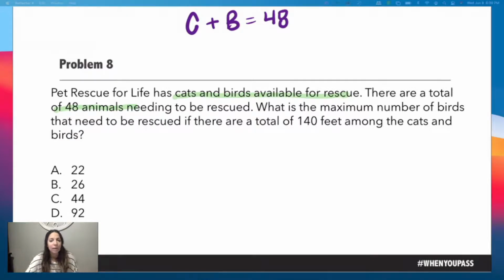What is the maximum number of birds that need to be rescued if there are a total of 140 feet, meaning like feet, not feet like length, among the cats and the birds?